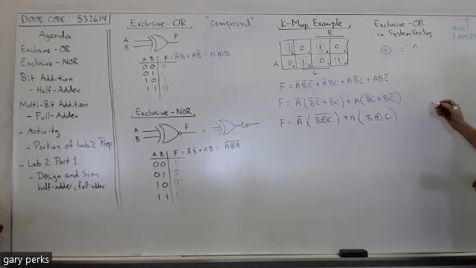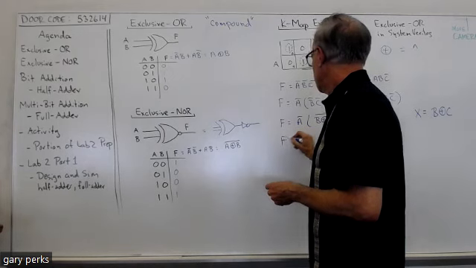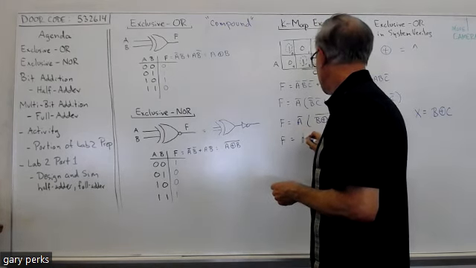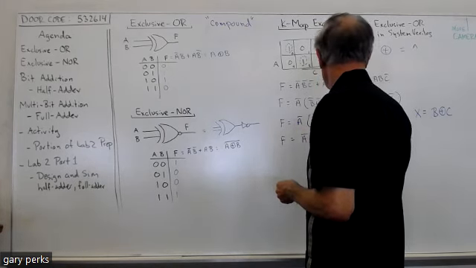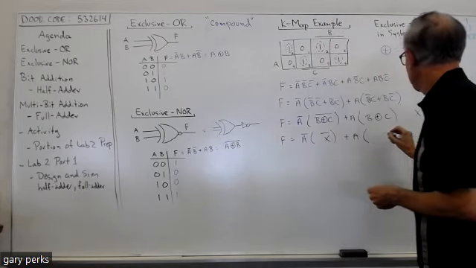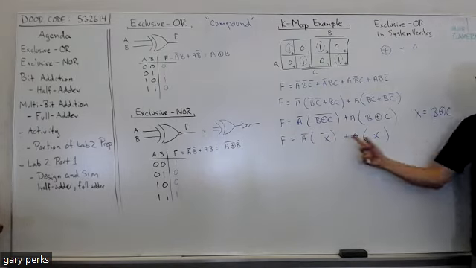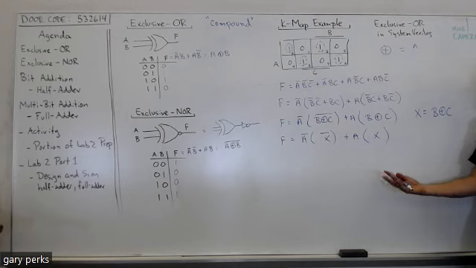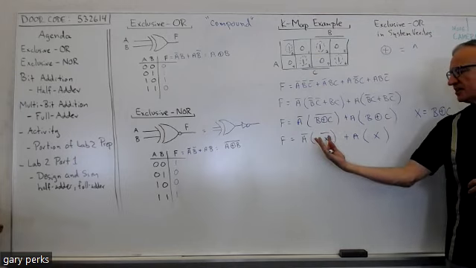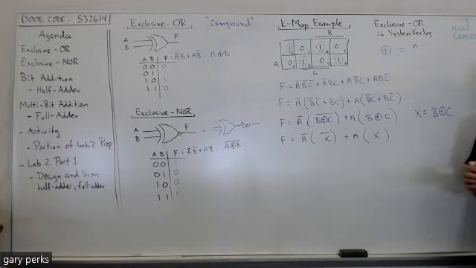See, if I did this, it might be clear. If I set X equal to B exclusive OR C, and then just rewrite this in terms of A and X, I would have not A, then I put in not X here. And I would put X here. So you see now, for some people anyway, this helps because they can more clearly see that this is now an exclusive NOR function between A and X. Right?